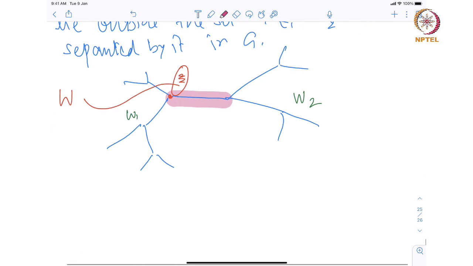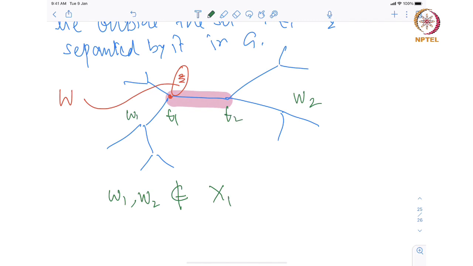And what is the property? That first of all, W1 and W2 are not elements of Xt1 intersection Xt2. That's the first thing.